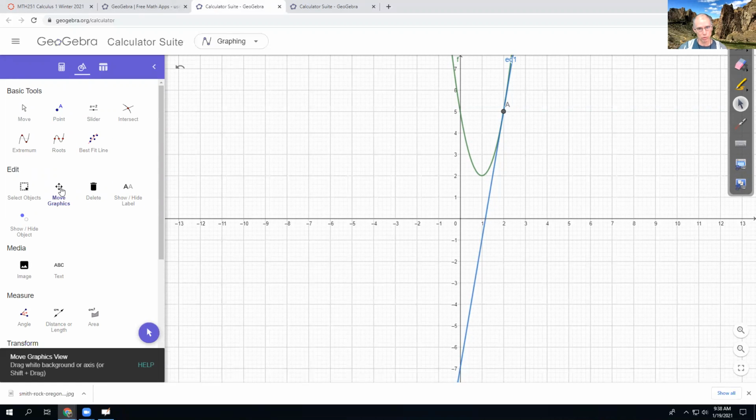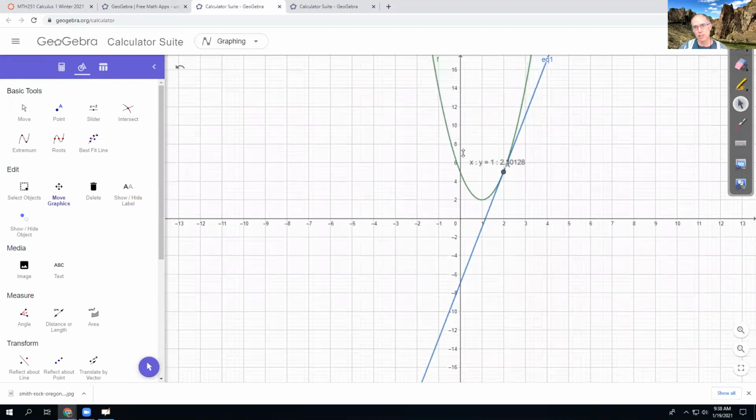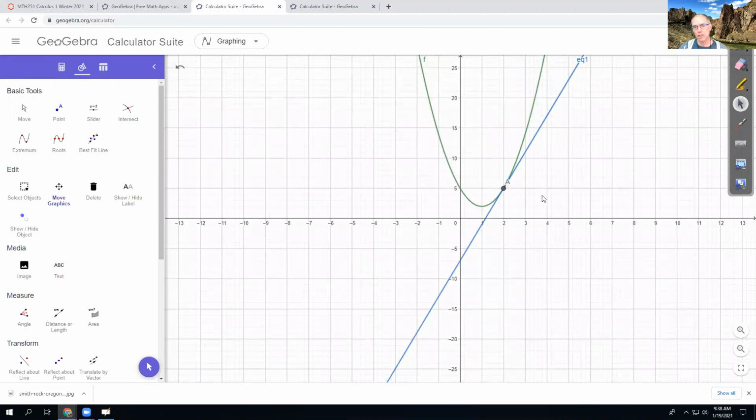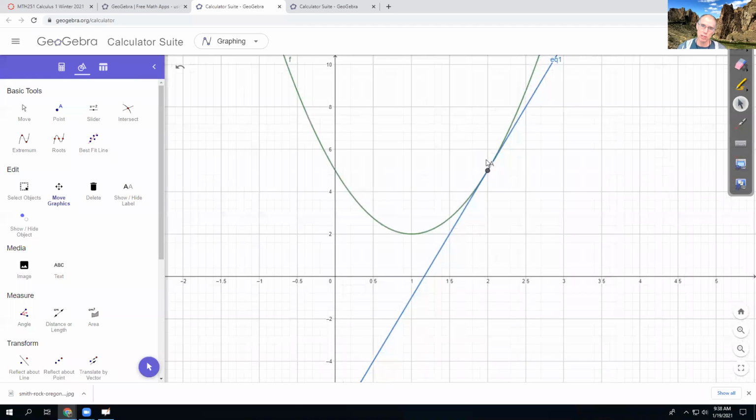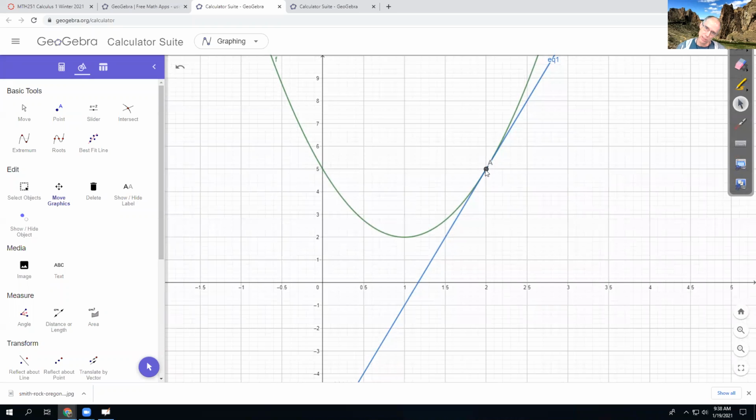One reason I like GeoGebra is if I go to the tools here and click move graphics, I can rescale an axis. Then I can zoom in there, and that looks like a pretty good tangent line. What do you think? I think we did all right.